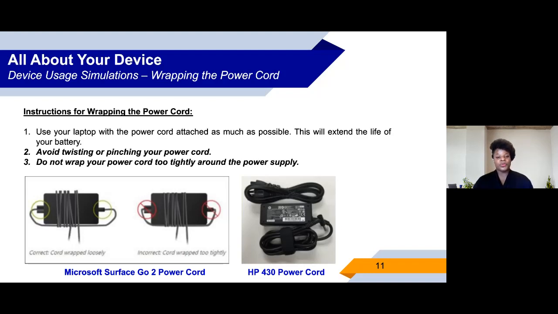In the images below, you can see the proper way to wrap your power cord for both the Microsoft Surface Go 2 and the HP 430 devices. We also provide you with a short video that shows proper wrapping techniques. Here's that video now.